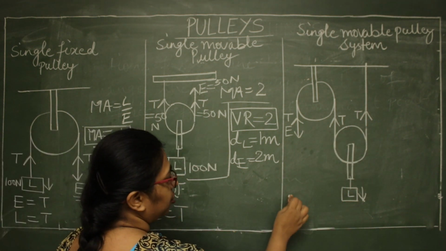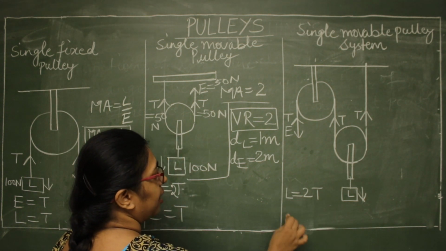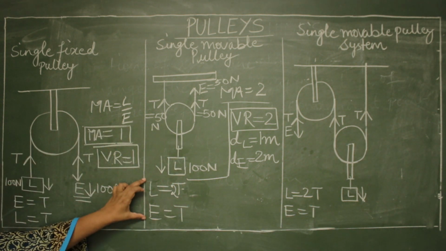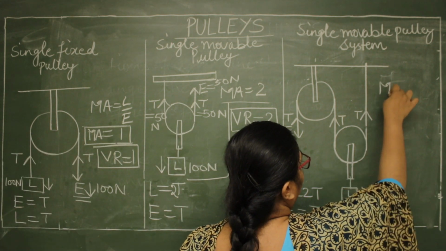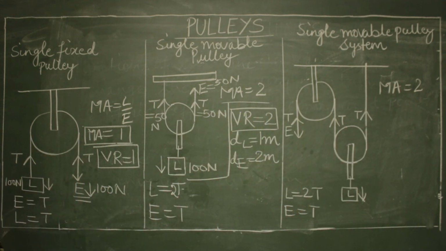So if I want to write the expression, L will be twice of T, and E will be equal to T. This is the same as the previous one, and hence the mechanical advantage of this machine will also be 2.